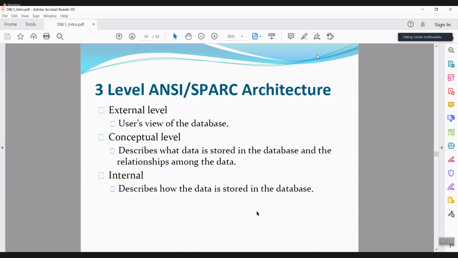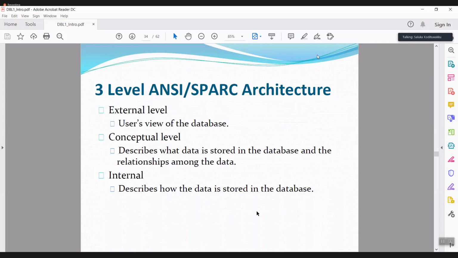What is the external level? As we discussed last time, when we construct a database, let's say there is an already constructed database like an account database, student database, or employee database. And we discussed last time, unlike file-based database systems, in a database created based on a DBMS, multiple views are possible.